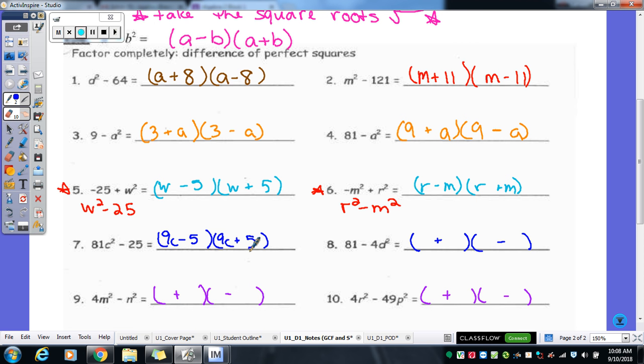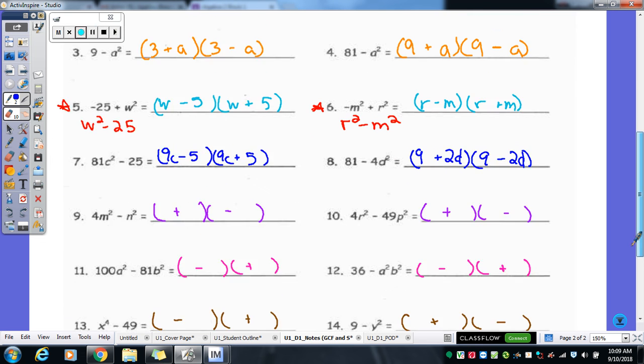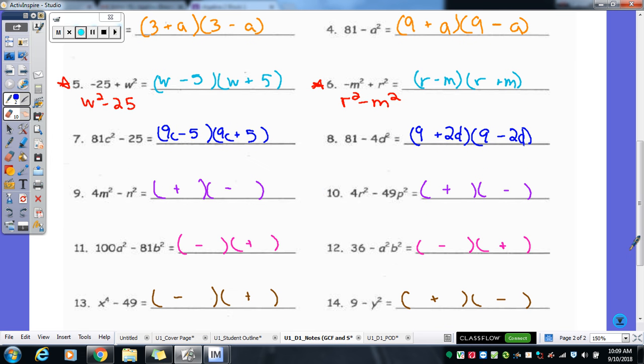So for 7, it would be 9c minus 5, then 9c plus 5. 9 plus 2b, 9 minus 2b. And then 2m minus n, 2m plus n.